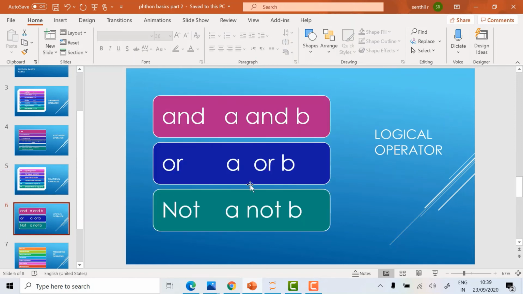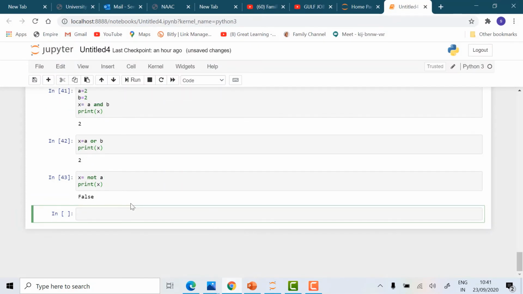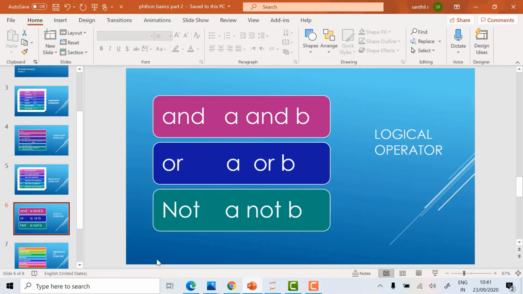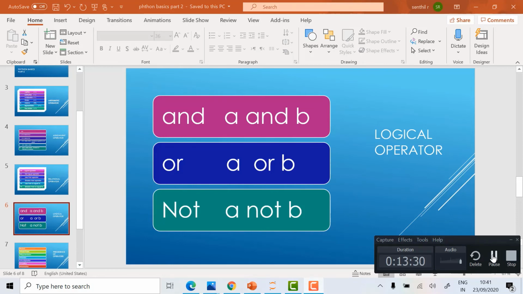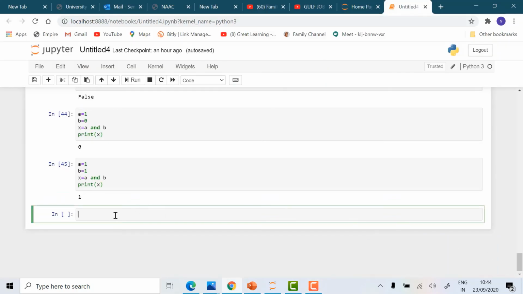Next are the logical operators, that is A and B, A or B, not A. We can use this in Jupyter. You know the AND logic: 1 and 1 means 1, 1 and 0 means 0. OR logic is true if either one is 1. Usually we use logical operators with ones and zeros.